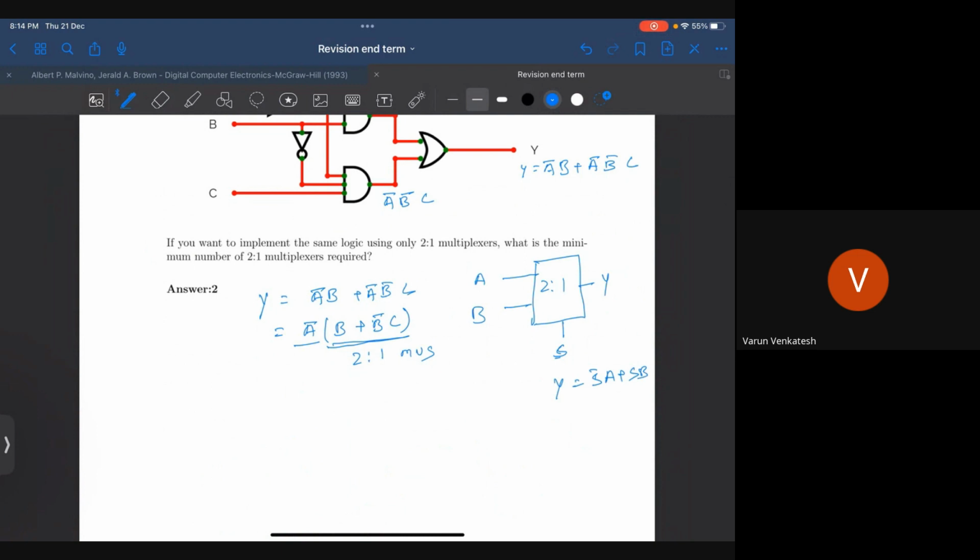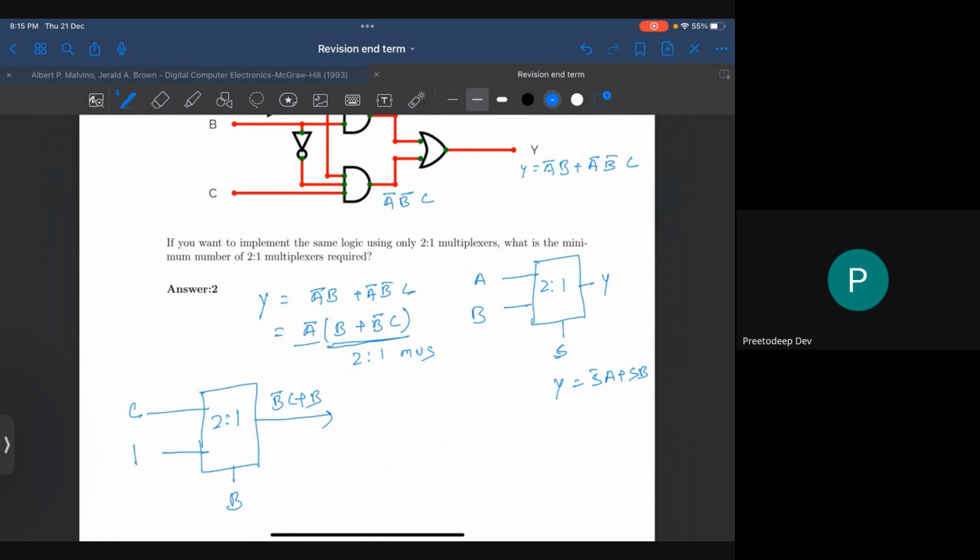Now here you can see this 2:1 multiplexer. Here we can implement B bar C, and here we can implement 1. Suppose this is B. What will we get here? B bar C plus B, correct?